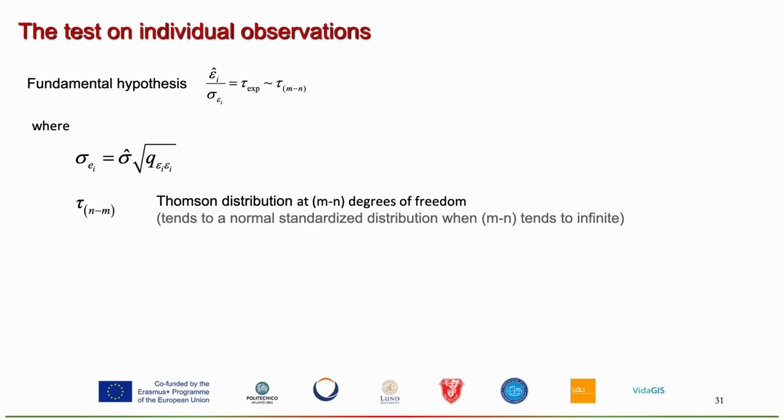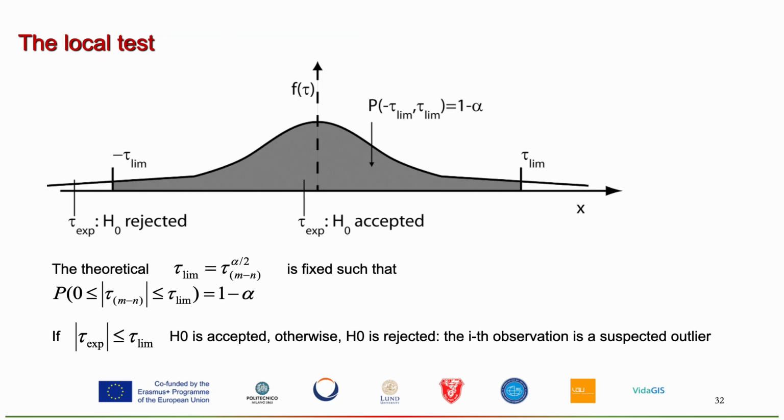And here you see the formula, and remember that in the denominator you have the standard deviation of the estimated residuals, that is given by the diagonal element corresponding to that residual of the covariance matrix of the residuals that we have written well before. So the working steps for the local test on the individual observation is as follows.